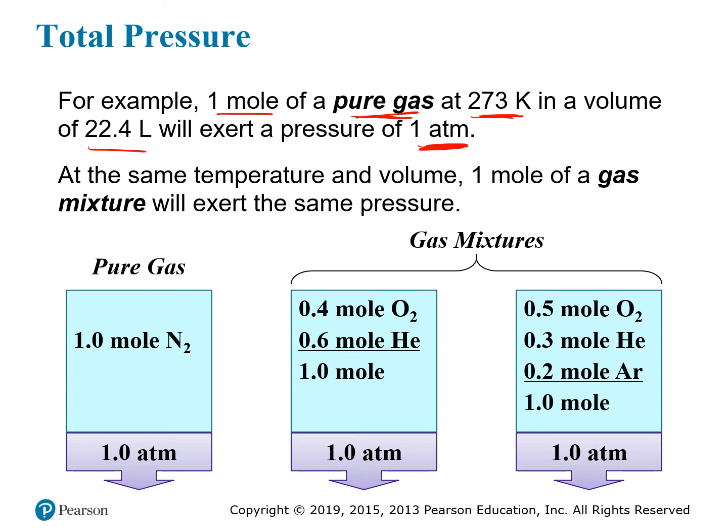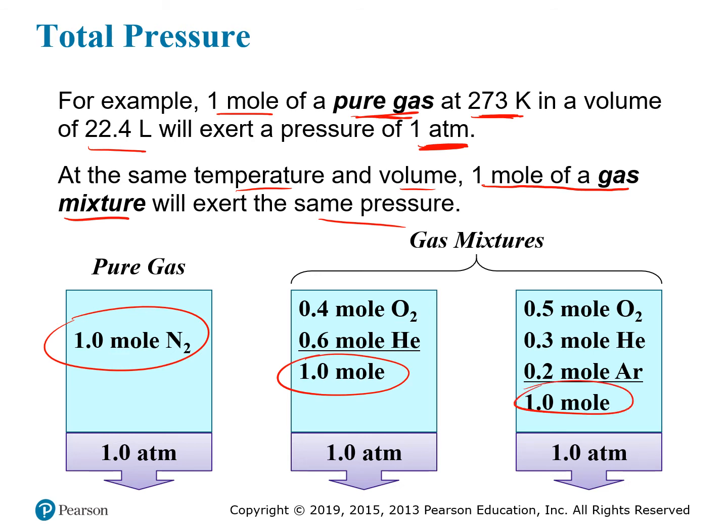But if we take instead a mole of a gas mixture at the same temperature and the same volume, okay, then it's still going to exert the same pressure. Okay? So whether we have 1 mole of nitrogen by itself, or 1 mole of a mixture that's 40% oxygen and 60% helium, or 1 mole of a mixture that's 3 different gases, 50% oxygen, 30% helium, 20% argon, they're all going to exert the same pressure.